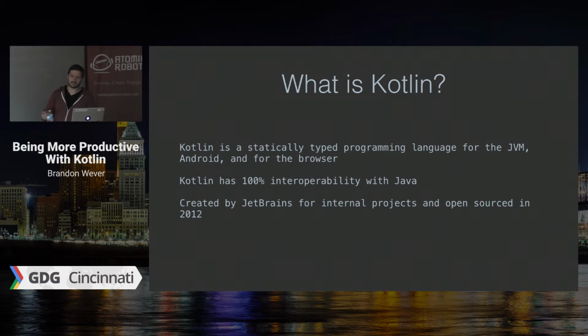A big selling point of Kotlin is that it has 100% interop with Java, and more specifically Java 1.6, which is pretty important for Android developers. It was created by JetBrains for some internal projects and open sourced in 2012. So it's open source. You can read all the source code on their GitHub, and it's actually pretty interesting to dig around in there.